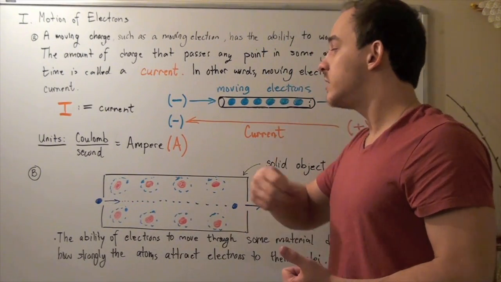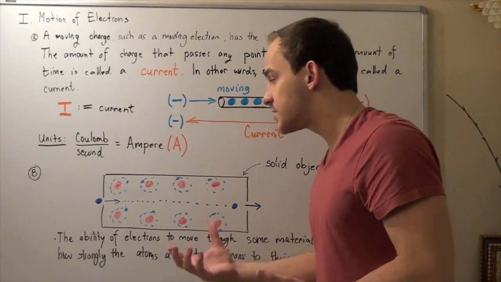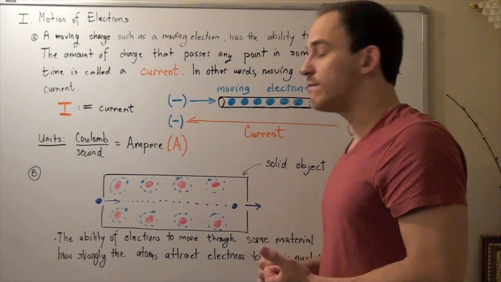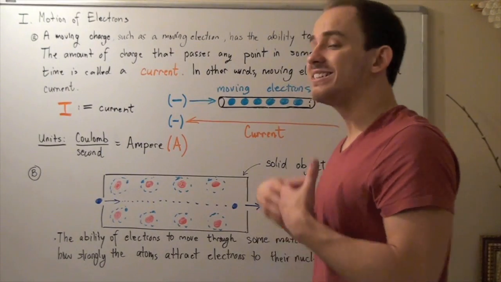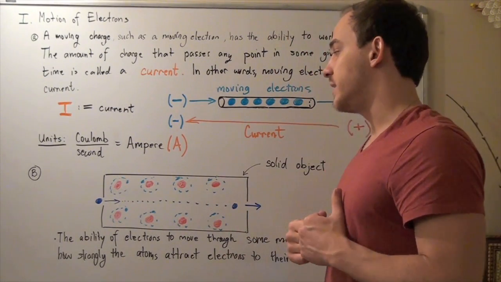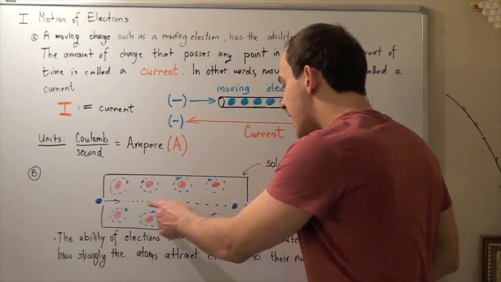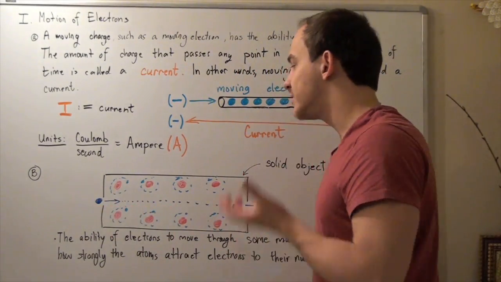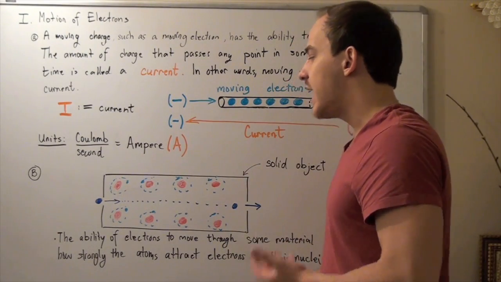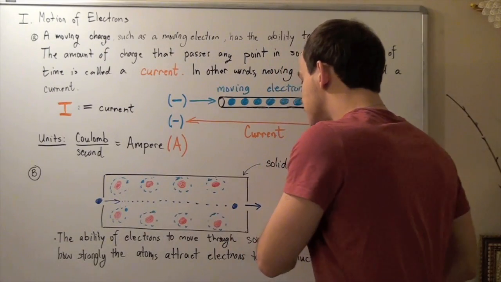On the other hand, if my material is composed of atoms that have a very low effective nuclear charge, or that do not want to gain electrons, that lose electrons very easily, that means this electron, when it is passing through, will not be attracted to my atoms very easily, and it will be able to pass through my material.